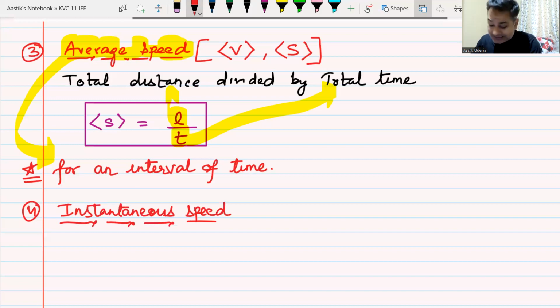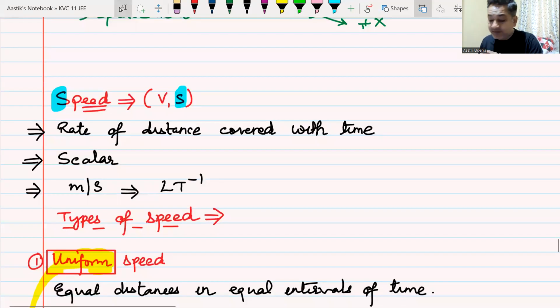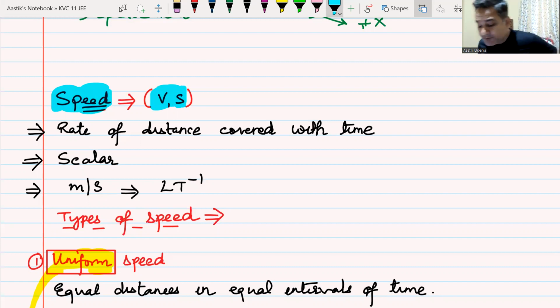Now, to use this instantaneous speed, I will use the symbol V or S. Now, as soon as I use the symbol for instantaneous speed as V or S, that reminds me that it was the same symbol I used for speed as such. See, this green thing, V and S. And this blue thing, V and S.